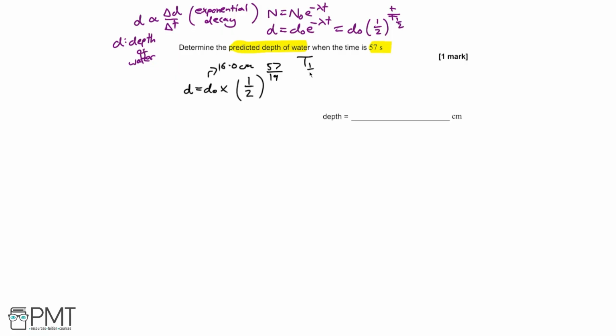So here we've used that t half is about 19.0 seconds. This is 16.0 multiplied by a half to the power of 57 divided by 19, which is 3. So this will give us that D is equal to 2.0 centimeters. Therefore, our answer is 2.0 centimeters, where we've given our answer to two significant figures.